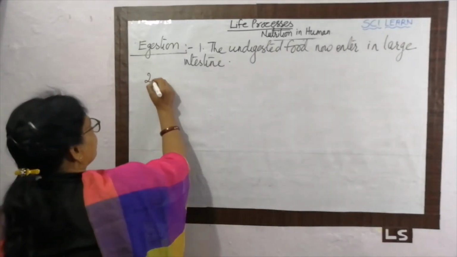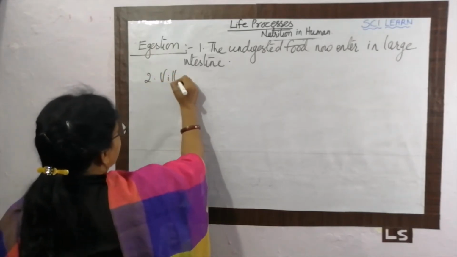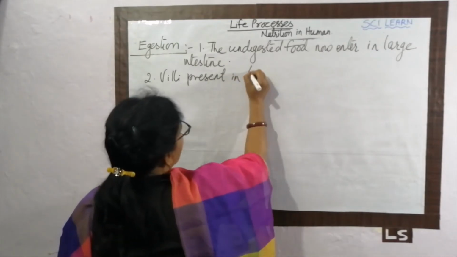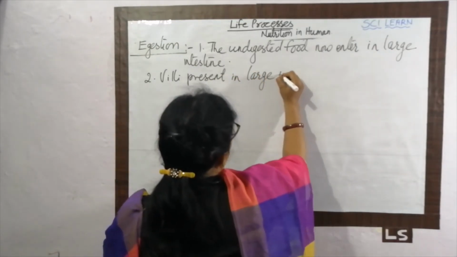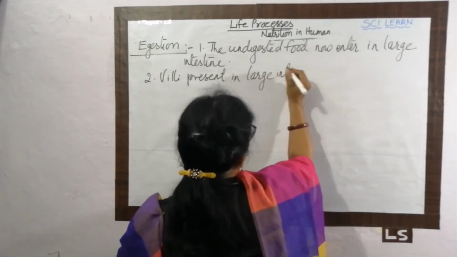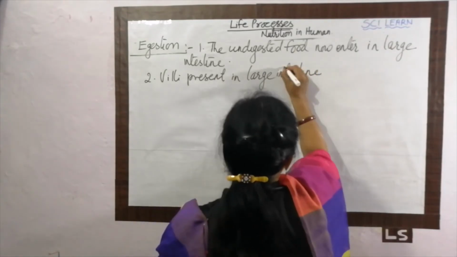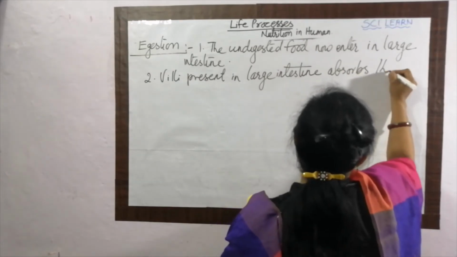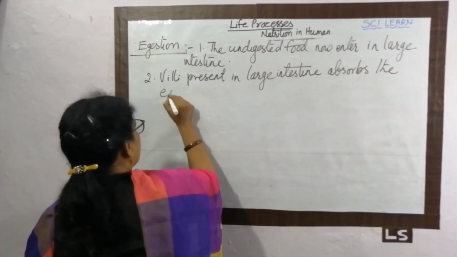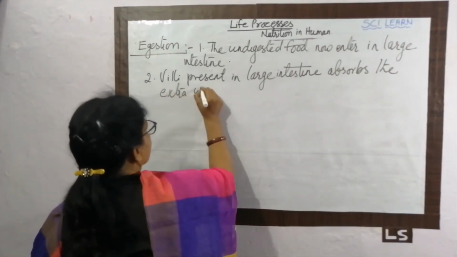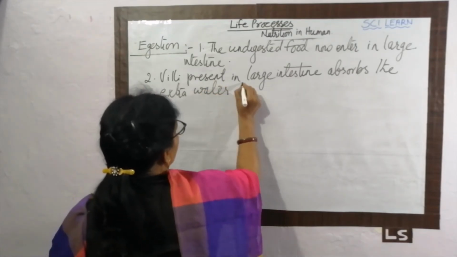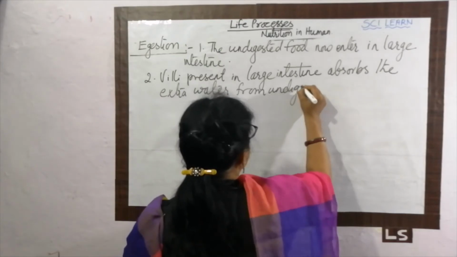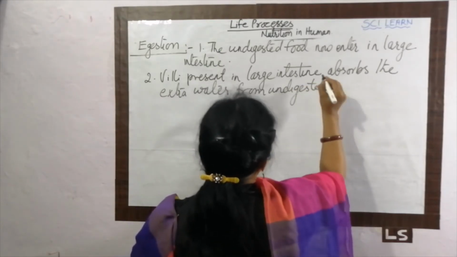Okay, the inner wall of the villi present in the large intestine absorbs the extra water from the undigested food, because it contains lots of water.